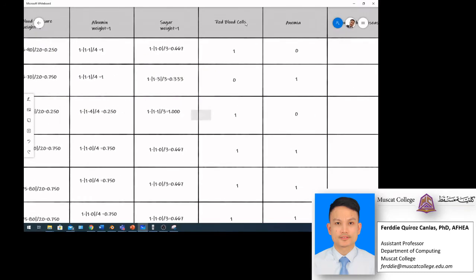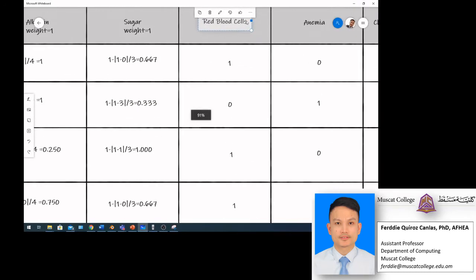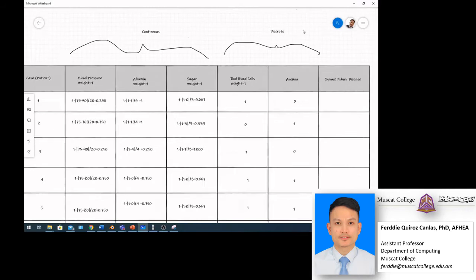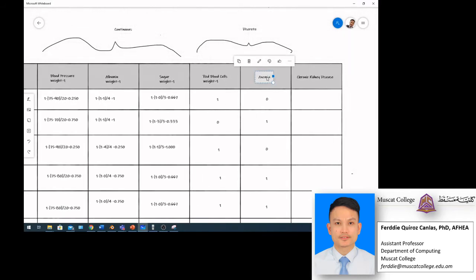Same for the case of red blood cells, weight is also equal to 1. For anemia, same thing, the weight is equal to 1, because we didn't state in the problem what weight each column should have. So we will assume all of them will get the weight of 1.